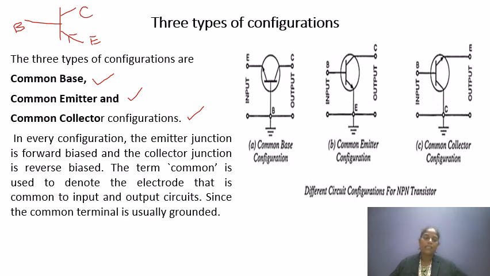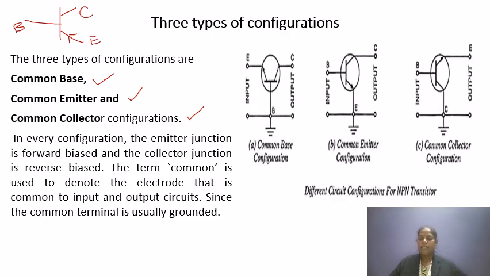Okay. So what is the meaning of common? Which one acts as a center? So from this structure, let us see, the top is the collector and the bottom is the emitter. In between these two, the base is existing as a common one. So this is a common base. So let us see these 3 structures. In this structure, it is emitter, collector and base.